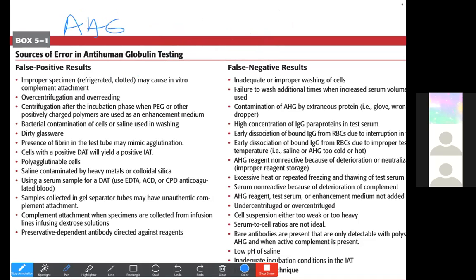If the AHG reagent contains certain preservatives, the antibody may not be directed against the RBCs, it may be directed against the preservatives.